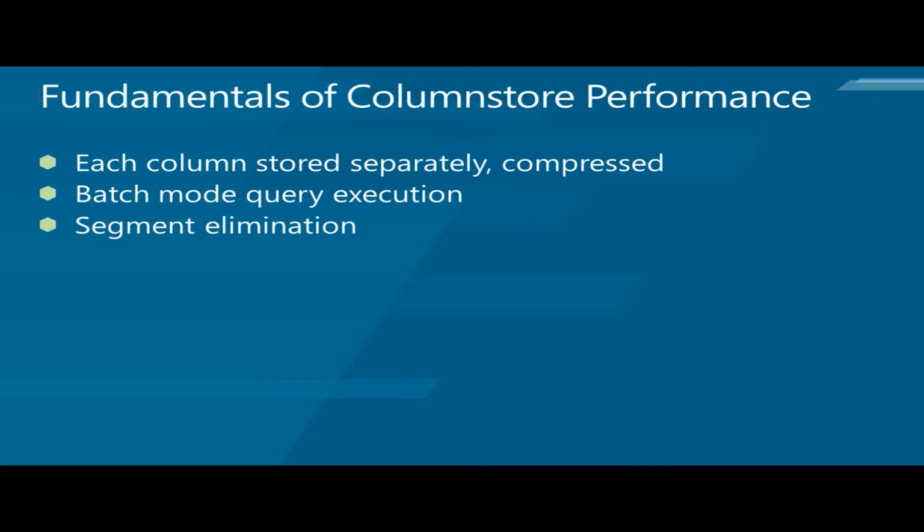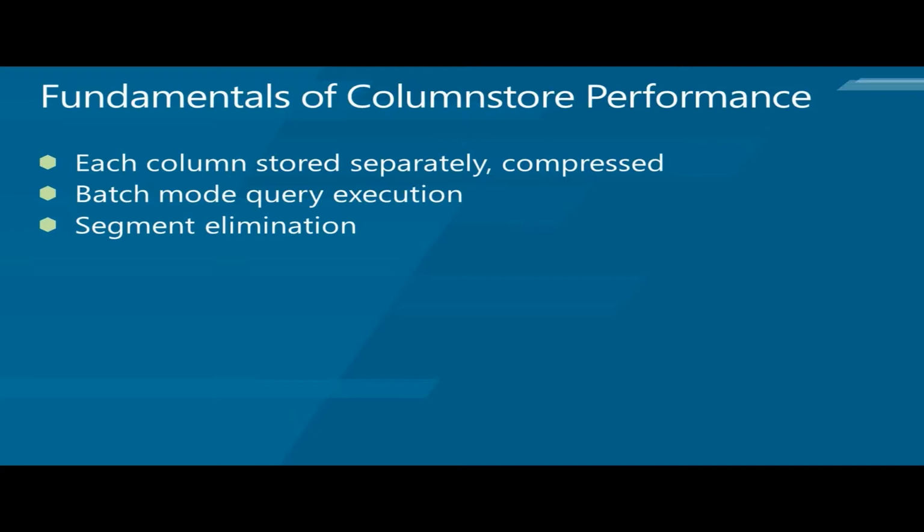There's also a feature called segment elimination, which reduces the amount of data flowing through the query execution system quite a bit in certain circumstances. I'll talk more about that later, but just verbally to go through it now, a segment is a chunk of data from a table that has a column store index containing about 1 million rows. There's some metadata for each column within a segment that stores the minimum and maximum value for that column.